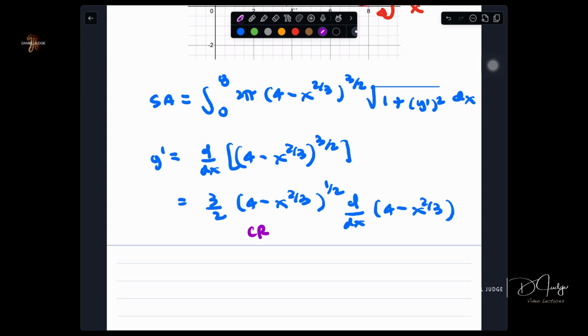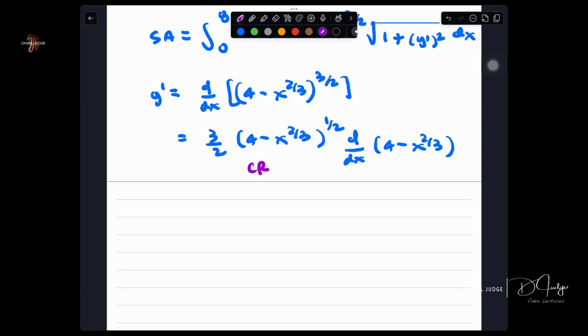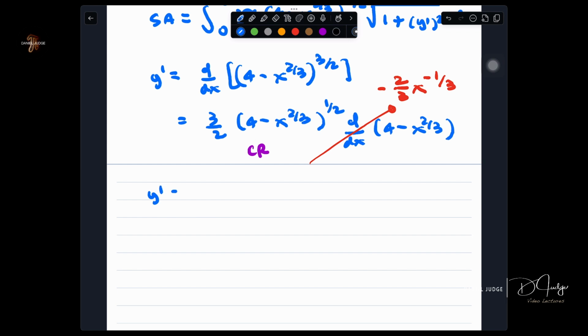So we have chain rule here for a derivative. And this derivative will be negative 2/3 x to the negative 1/3. So that y prime will become 3/2, 4 minus x to the 2/3 to the 1/2, multiplied by negative 2/3 x to the negative 1/3.